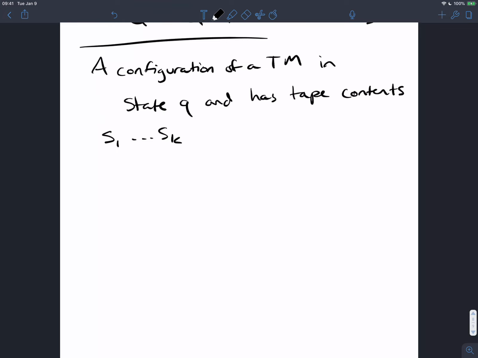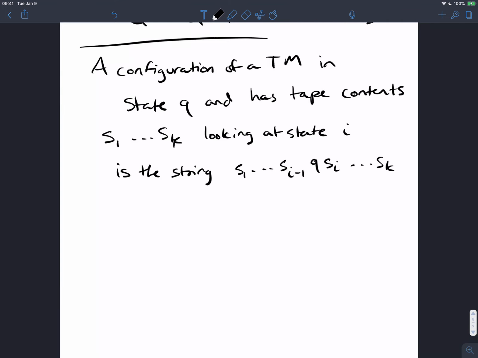There's actually an issue with this, but I'll address it in a second. Let's say it has those tape contents and it has state Q, and let's say it's looking at cell I. The configuration is the string S1 up to S(I-1), Q S_I through SK.